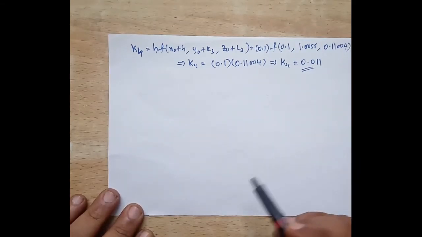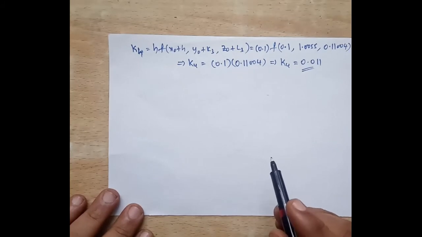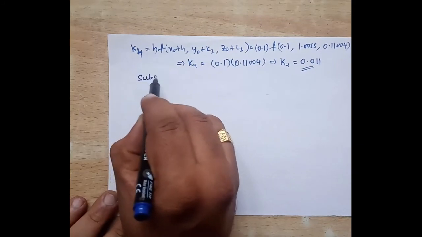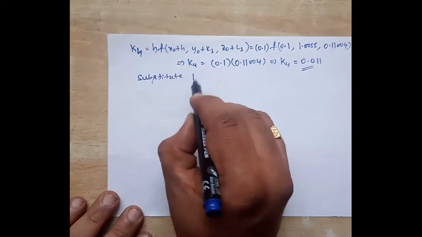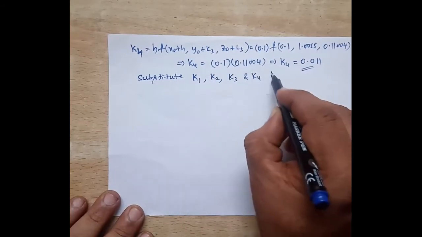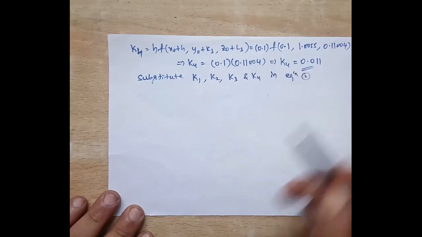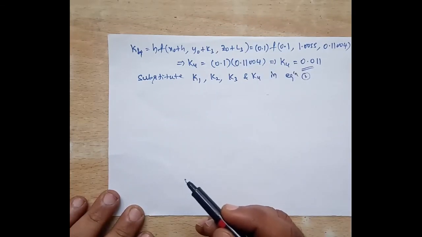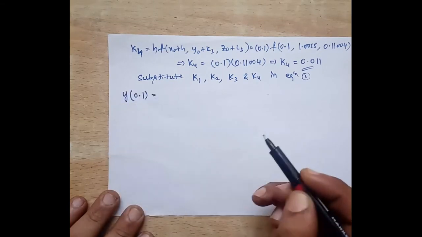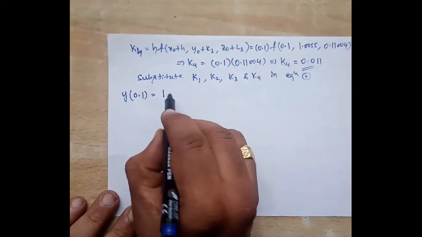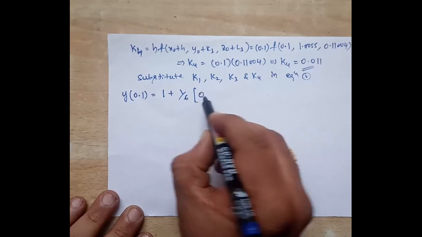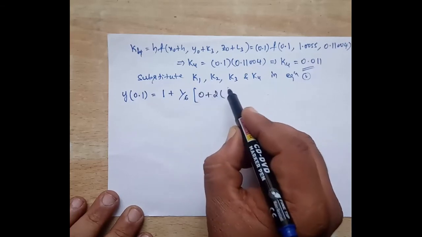So you can go to the last step. So what is the last step in this? The last step says substitute k1, k2, k3 and k4 in equation 1 along with the value of y0. We get y of x means 0.1 equals y0. So you know y0 is 1 plus 1 by 6 into this is k1. So k1 was 0 plus 2 into k2. Substitute the values.